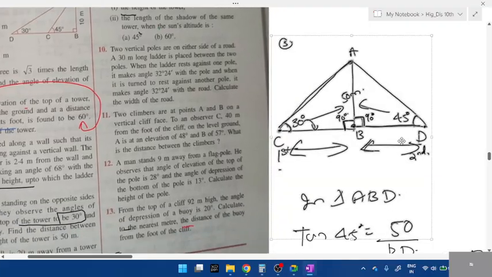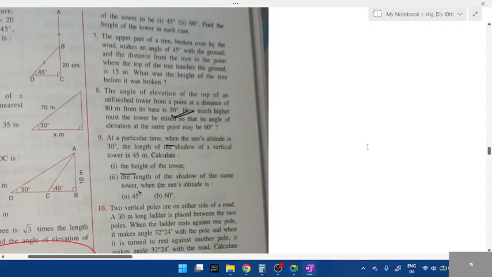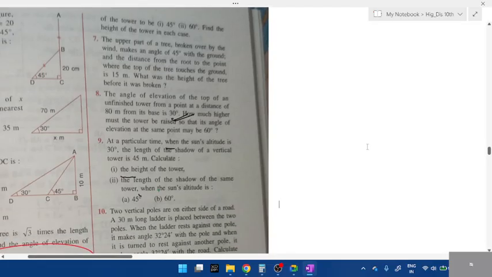Look at the ninth question. All of you will read the ninth one. Before that, angle of elevation of conference tower. Okay, look at the ninth.